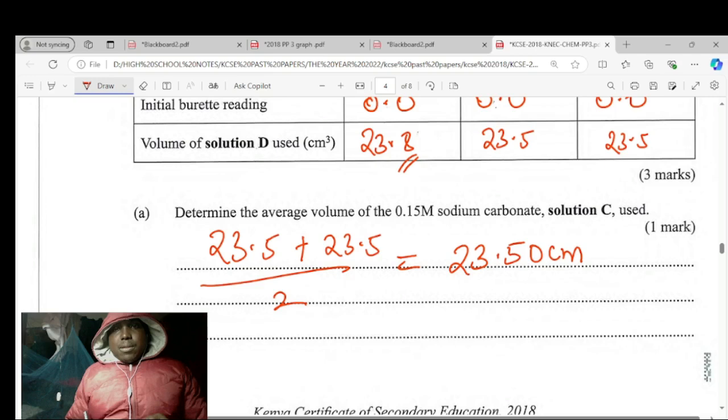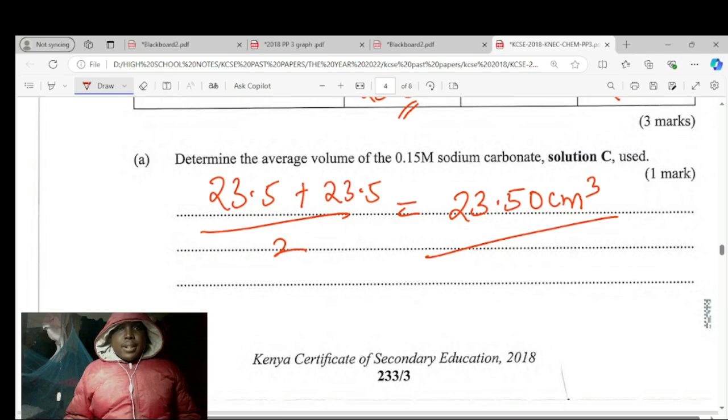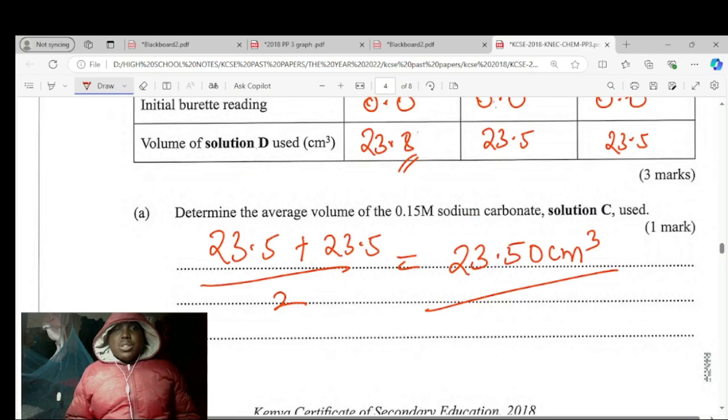That is how. So we have got the volume of sodium carbonate, 0.15 molar, used.